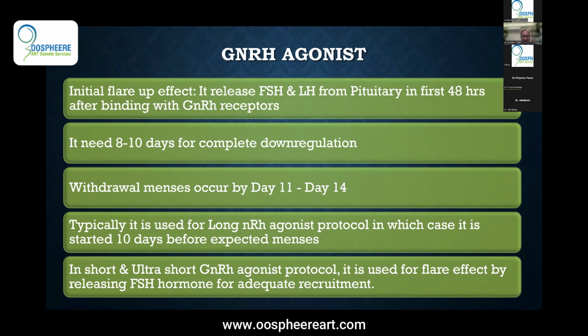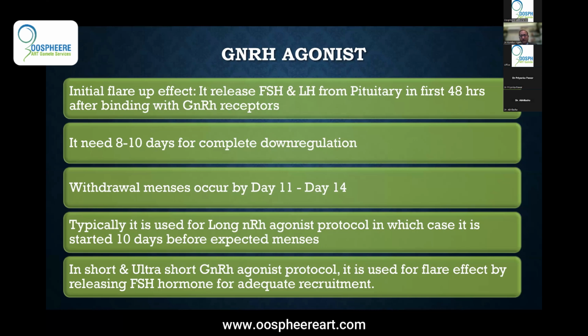After 8 days, the hormone levels start falling, that is, your progesterone levels start falling because there is no endogenous corpus luteum functioning, since it's already the 28th, 29th, 30th day. Further, LH is not coming from the pituitary, and that's why the patient gets withdrawal menses by day 11, or any day between day 11 to 14.